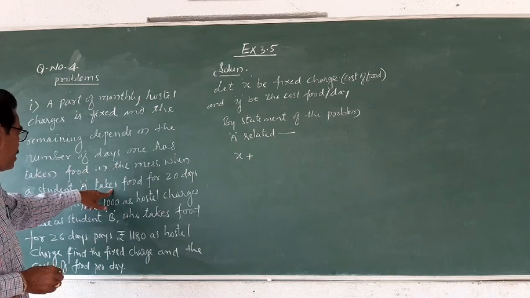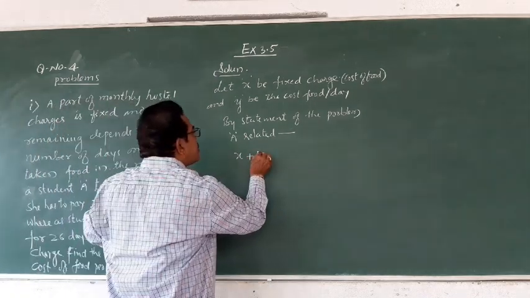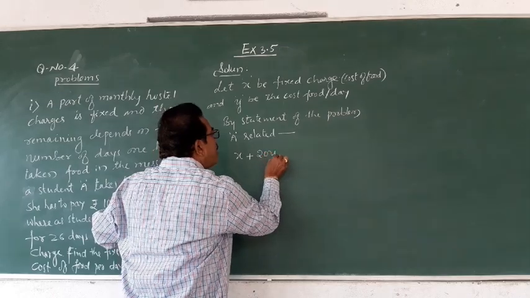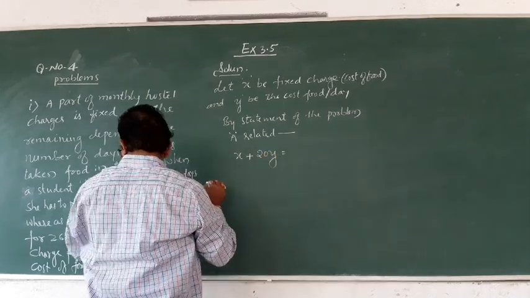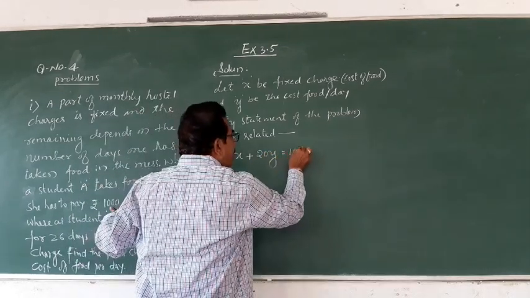When A takes food for 20 days, that is 20Y. The total cost of the food is 1000.